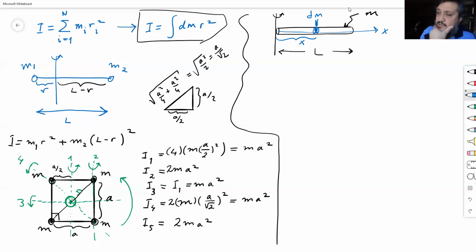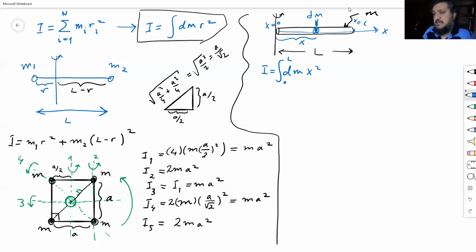So if I can write what dm is, I just need to multiply it by the distance squared from the axis and integrate it, and this will give me the moment of inertia. And x varies from x equals 0 to x equals L. So the integration will be from 0 to L.